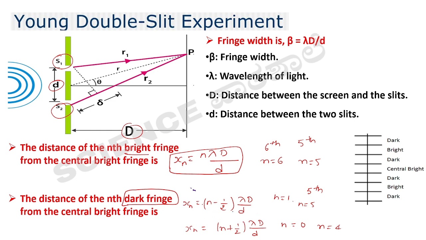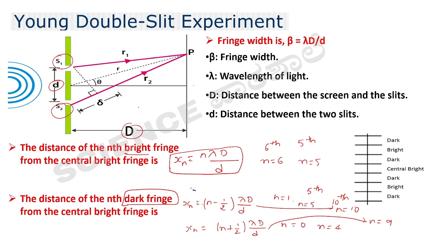If you take n minus 1 by 2, if it is the 10th dark fringe, then n is equal to 10 only for this formula, but for the other formula, n is equal to 9. So it depends on which problem and which formula you take. Okay, there are so many variations in these formulas, but I am following this method.